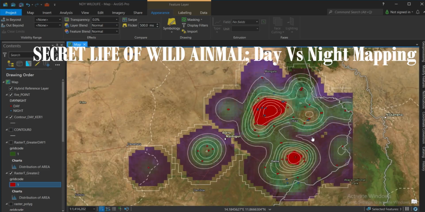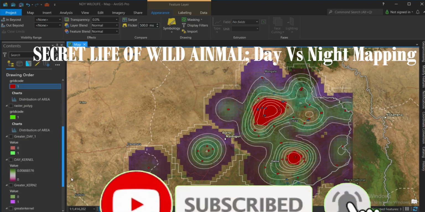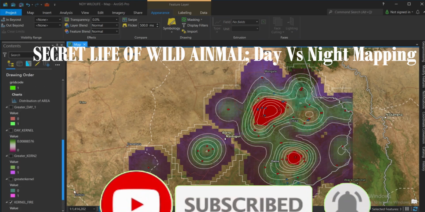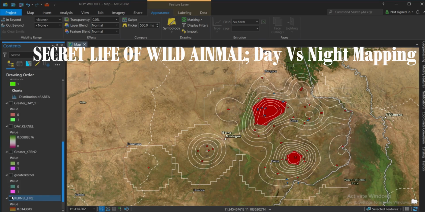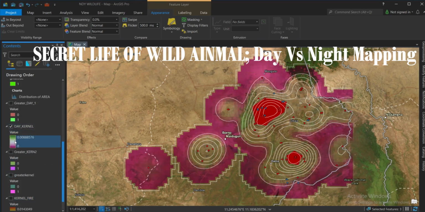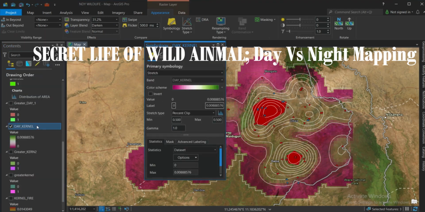At night they feed there, but retreat to dense forest and elevated terrain, the red zone, during the day to avoid heat or human activities. The green and the yellow zone is where they feed at night.